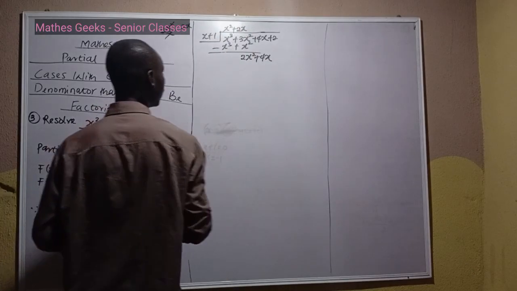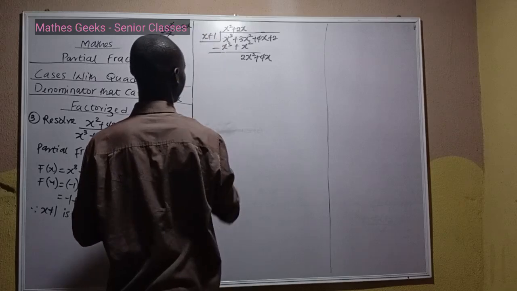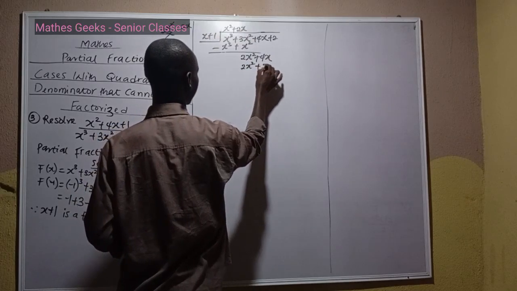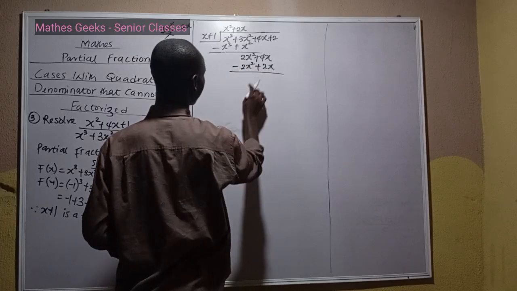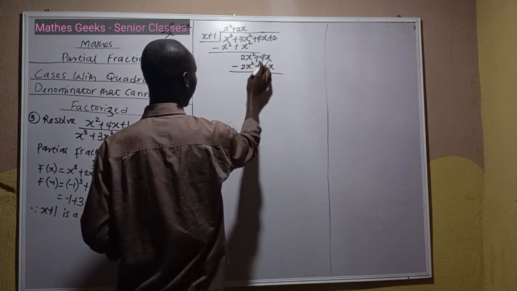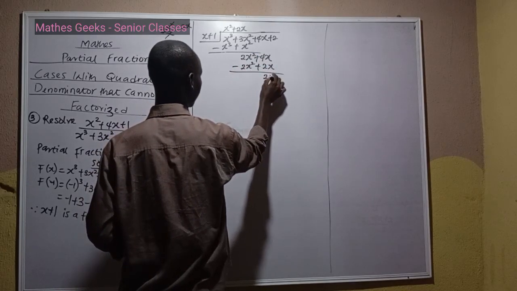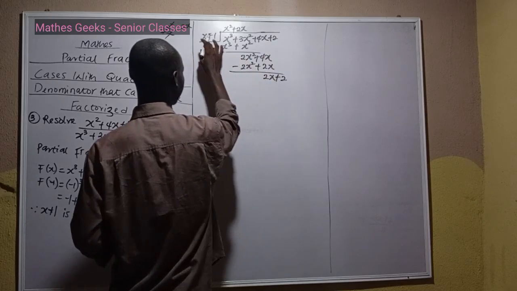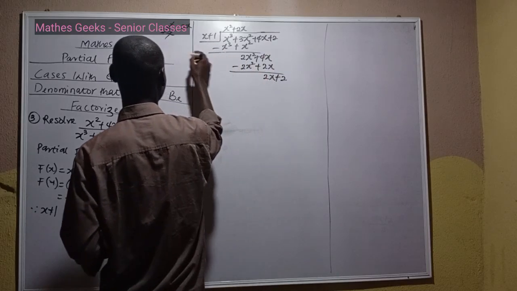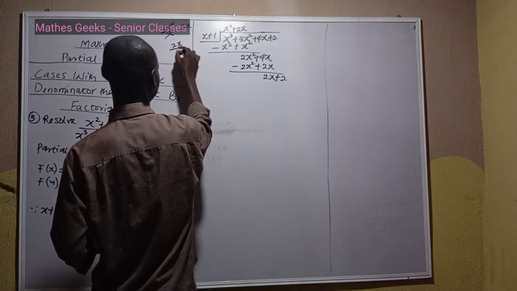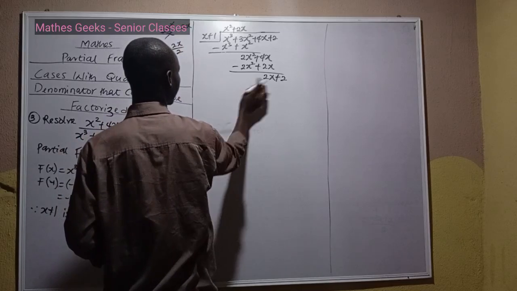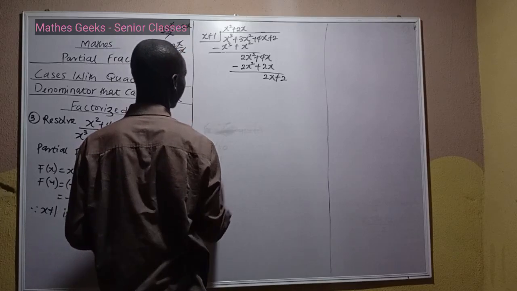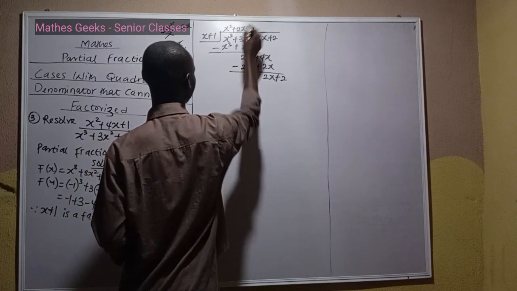That's what we do. 2x times x gives us 2x squared. 2x times plus 1 gives us plus 2x. We subtract, and this gives us 0. 4x minus 2x gives us 2x, then bring down your 2. So 2x over x, this x will cancel, and we're going to be left with 2 plus 2.